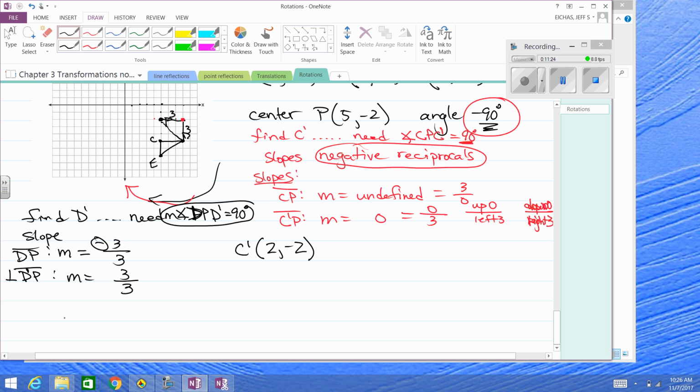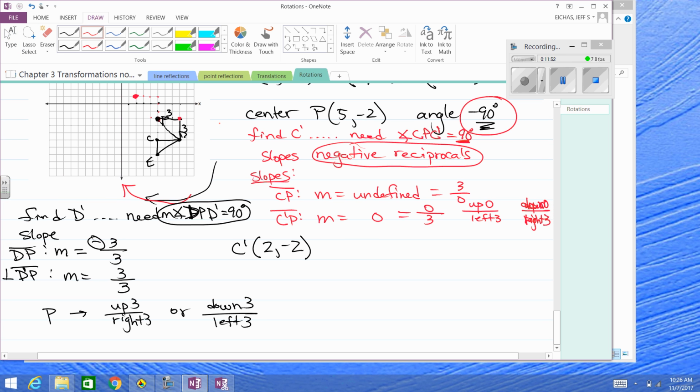So go to P and count either up 3, right 3, or down 3, left 3. That's your slope that's going to be positive 3 over 3. So we start at P. I'm either going to count up 3, left 3, or down 3, left 3.